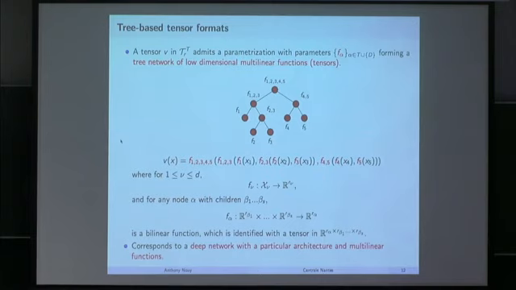And if you identify it with a tensor, you have the classical representation of this tree-based tensor format. Okay? But here it's another look at this tensor format where you see clearly the connection with the deep networks, but with something very specific here, the nature of the function that you have here, and which will give a lot of interesting properties in practice.